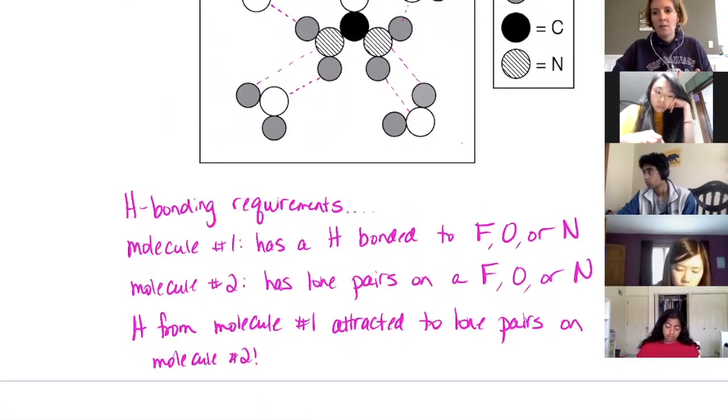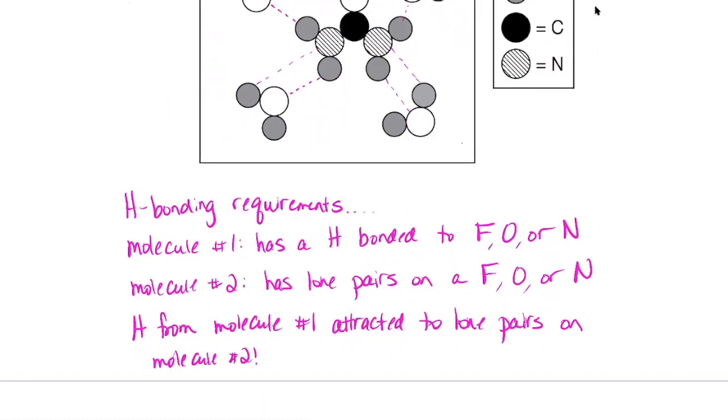So just a couple of reminders of the requirements to have something for hydrogen bonding. Like, how do you know if something's going to hydrogen bond to something else? So here are the 2 requirements that need to be met. You look at molecule number 1, and you'd say, does this molecule have a hydrogen that's bonded to fluorine, oxygen, or nitrogen?